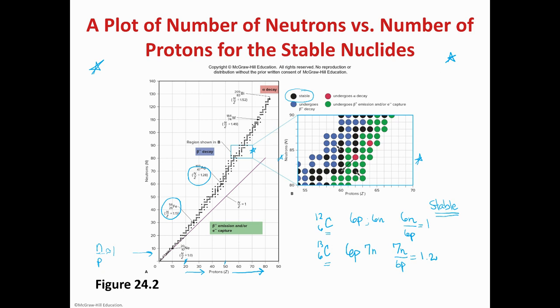So the main problem in this part of the periodic table is if you get too many neutrons, you go unstable. Too many neutrons is going to mean that you're above the belt of stability.